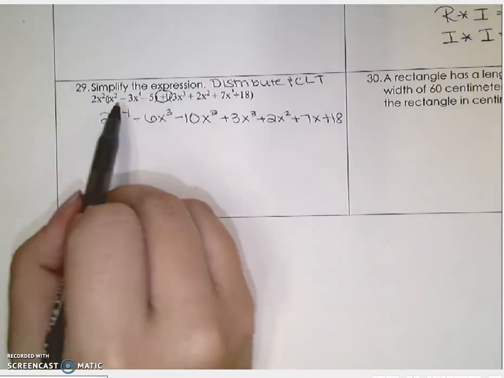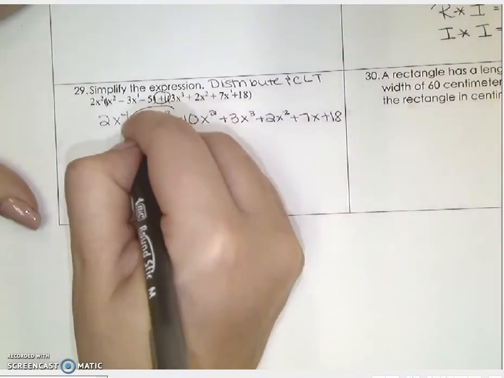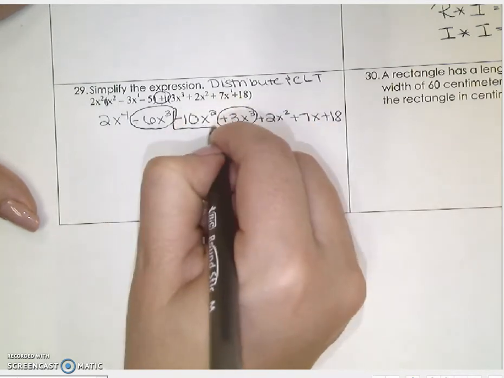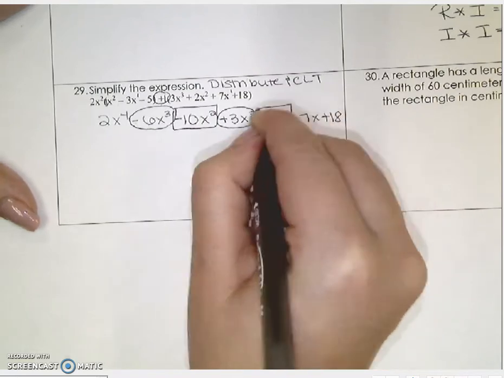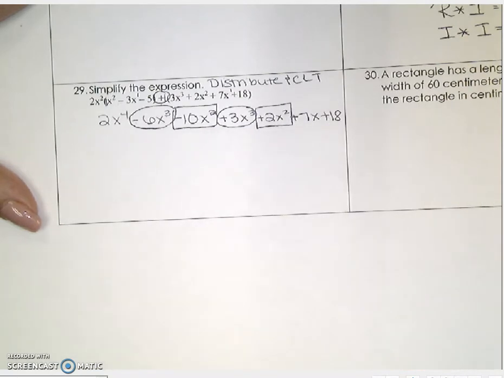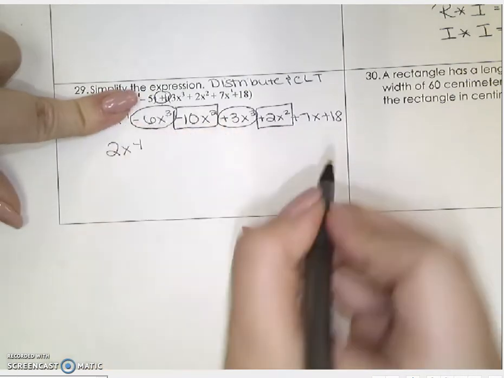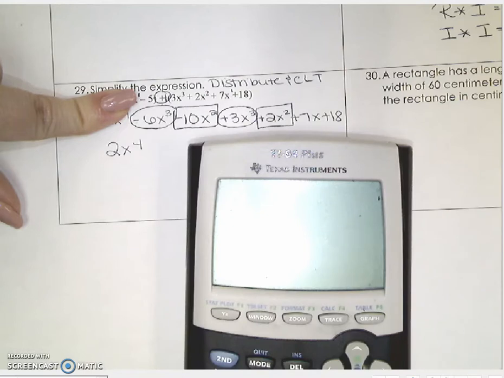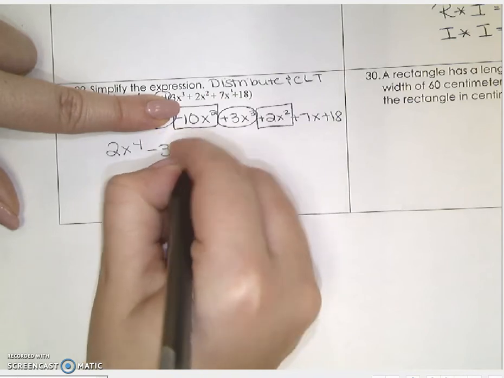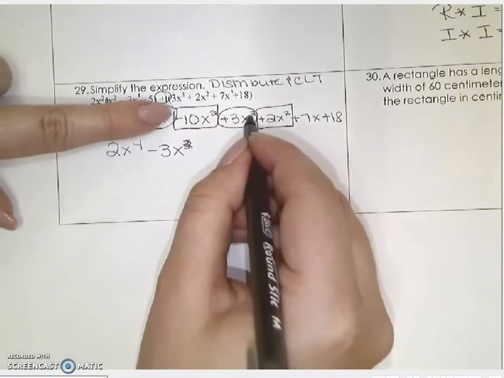So all I did for my first step was distribute my coefficients, and my second step, combine like terms. I have a negative 6x cubed and a positive 3x cubed, negative 10x squared, positive 2x squared. I don't have any more x to the fourths, plain x's, or constants. So I'm going to drop down that 2x to the fourth. Negative 6x cubed plus 3x cubed, negative 6 plus 3 is negative 3x cubed.